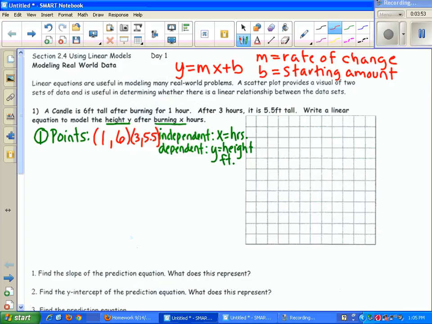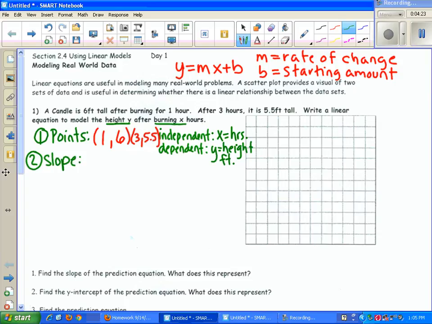If I want to find the equation of the line that goes through these 2 points, well, then the first thing I have to find is my slope, because if I'm looking at y equals mx plus b for the equation for my line, I need my slope and my y-intercept. So first things first, find the slope. And if you remember, how do you find the slope?